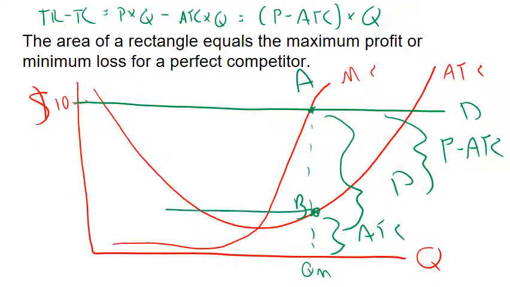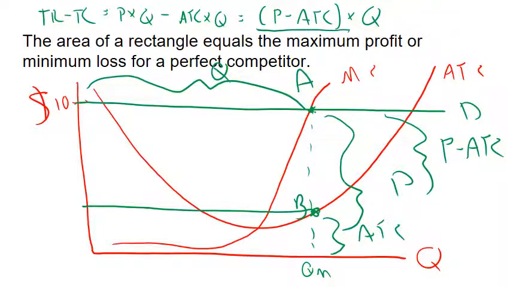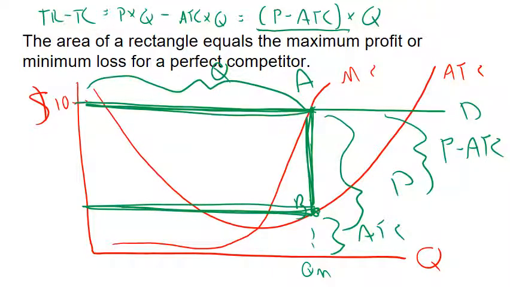Quantity is the distance from the vertical axis to points A and B. Here's that quantity. Quantity is how far I'm moving to the right when I move to point A or to point B. So when I multiply price minus average total cost, I'm multiplying this distance between A and B. And when I multiply quantity, I'm multiplying the distance from the vertical axis to A and B.